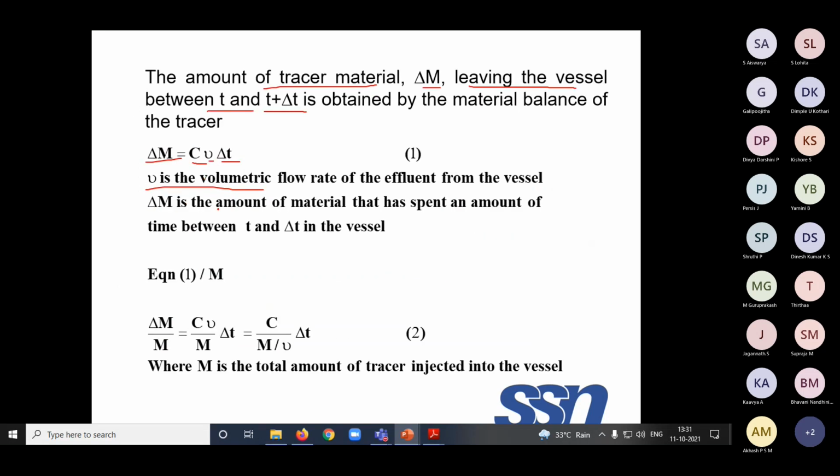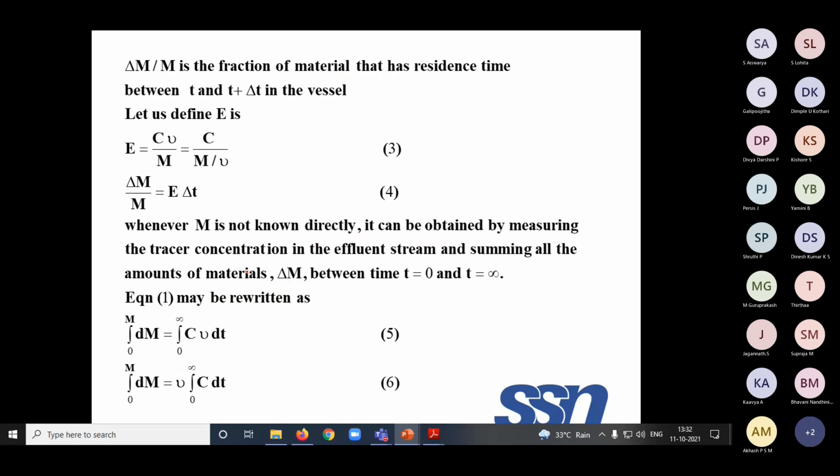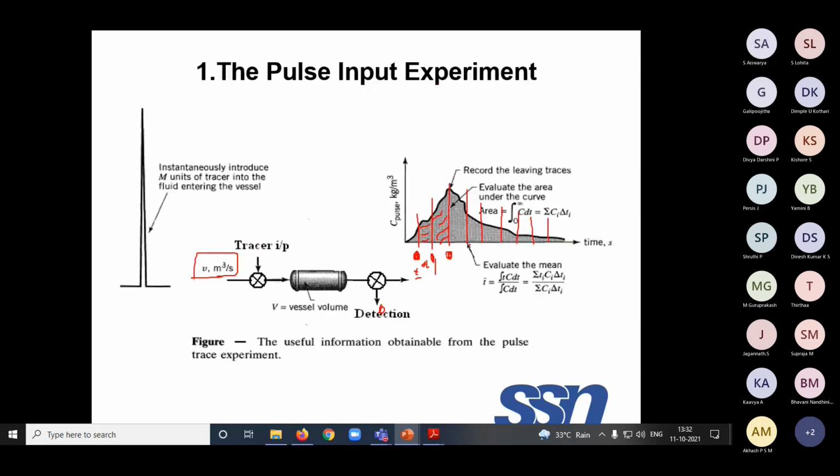So delta M is the amount of the material that has spent an amount of time between T and T plus delta T. That is what is here. Now I want to measure how much is here. This material is coming out; this fluid is staying for a time between T and T plus delta T inside the reactor.